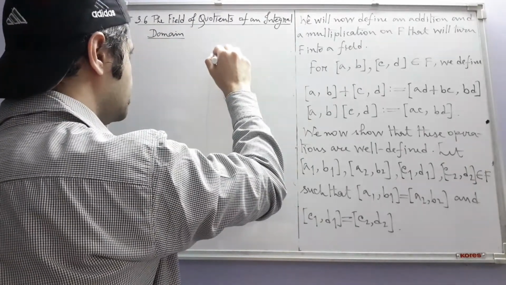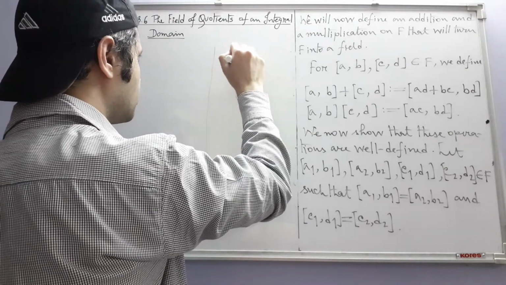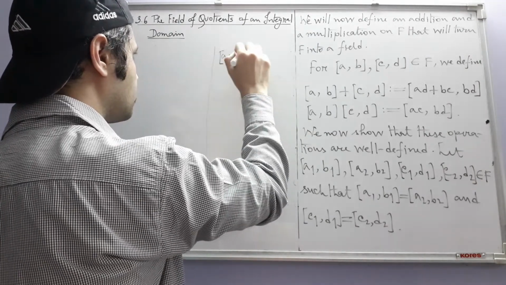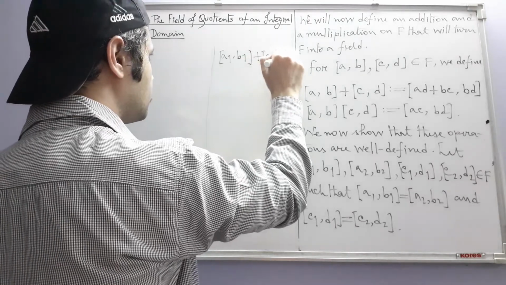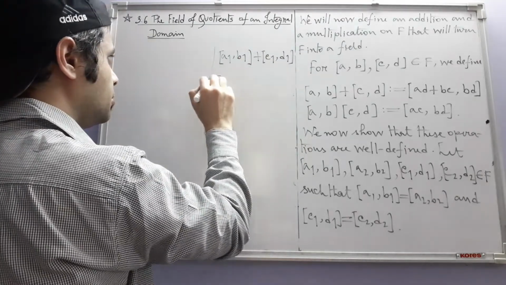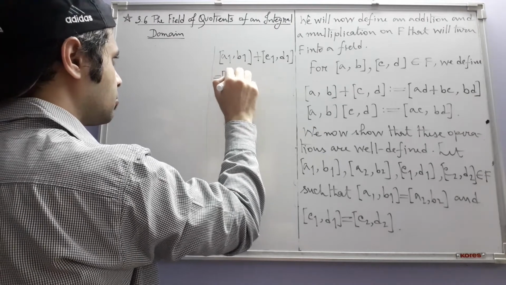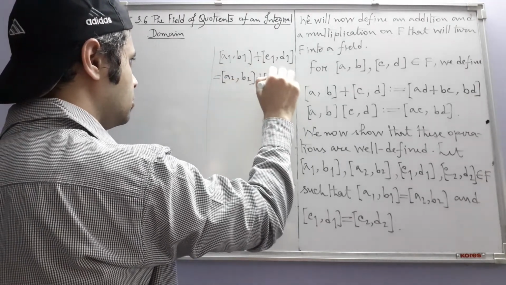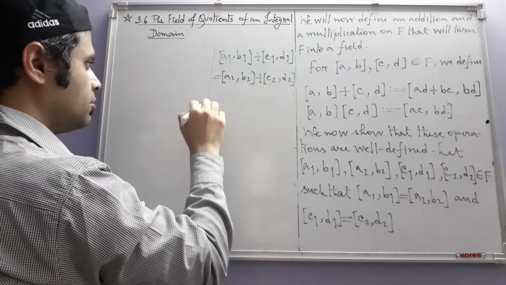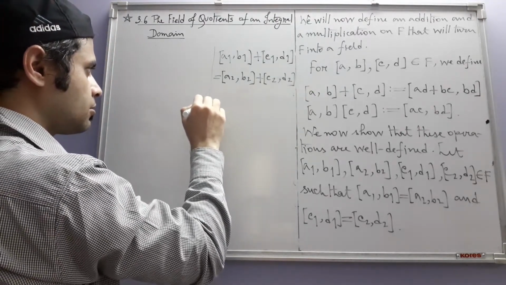We want this to happen, plus, should be equal to (C2, D2).